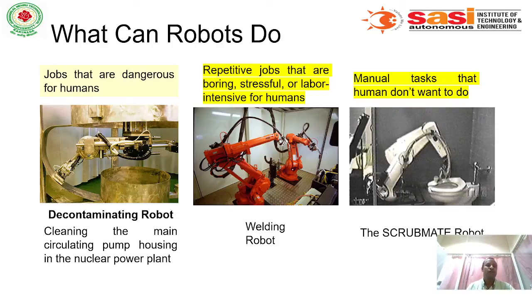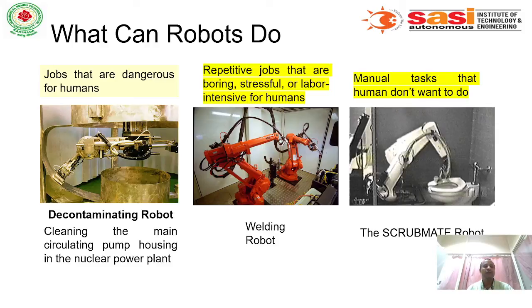The first one is where the human's entrance is dangerous. Like in the case of a nuclear power plant, where it is very dangerous for a human being to enter inside.